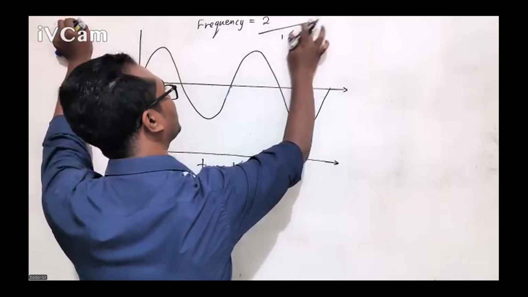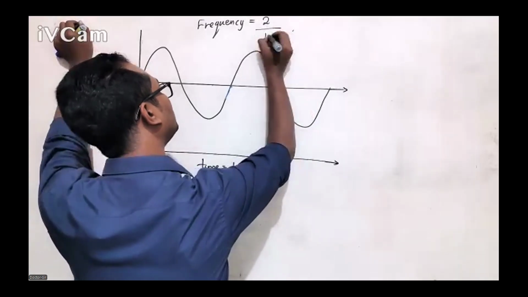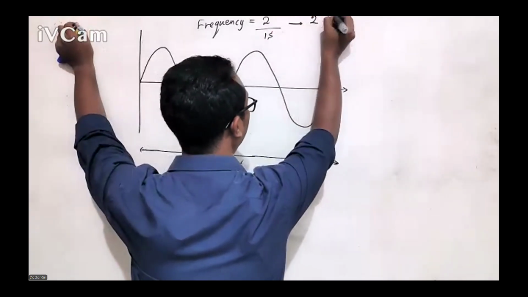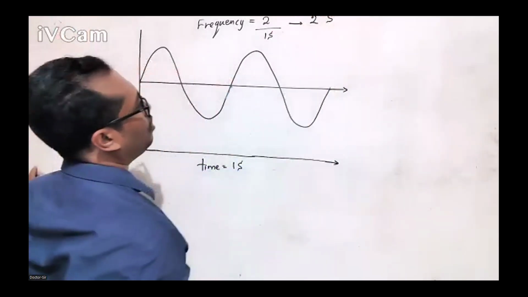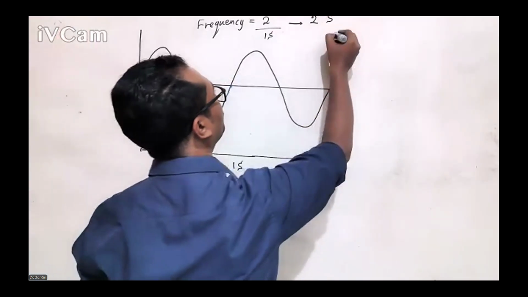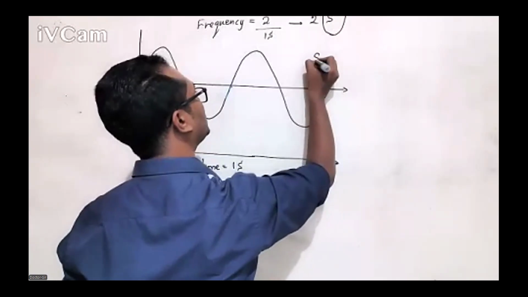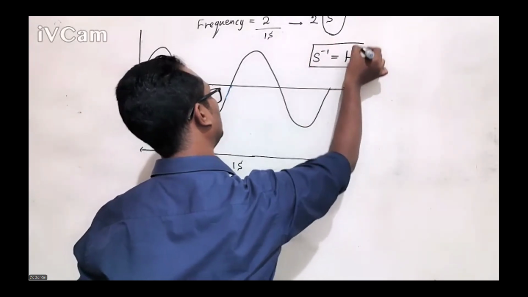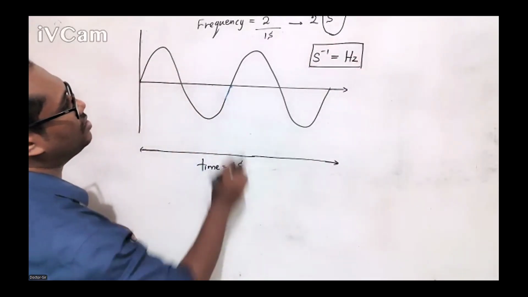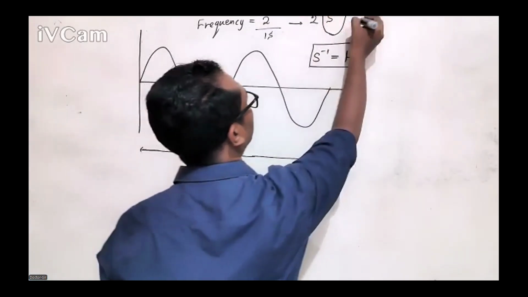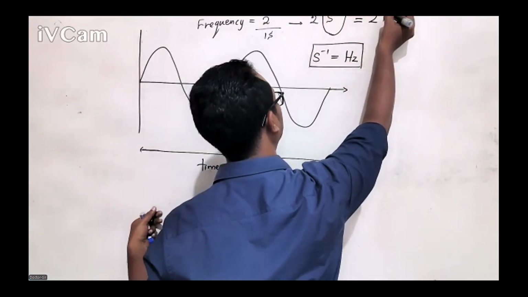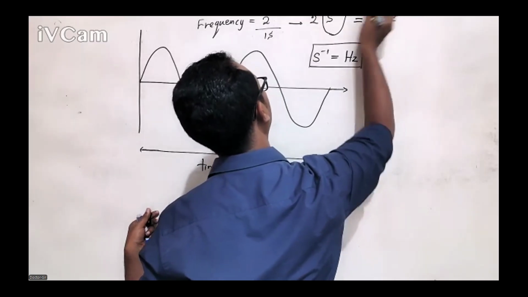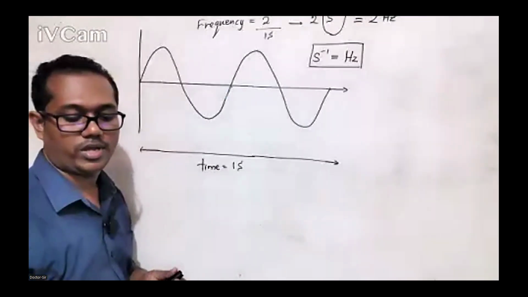We use a special unit for per second: per second equals hertz. Now we can say this is 2 per second, so that is equal to 2 hertz.